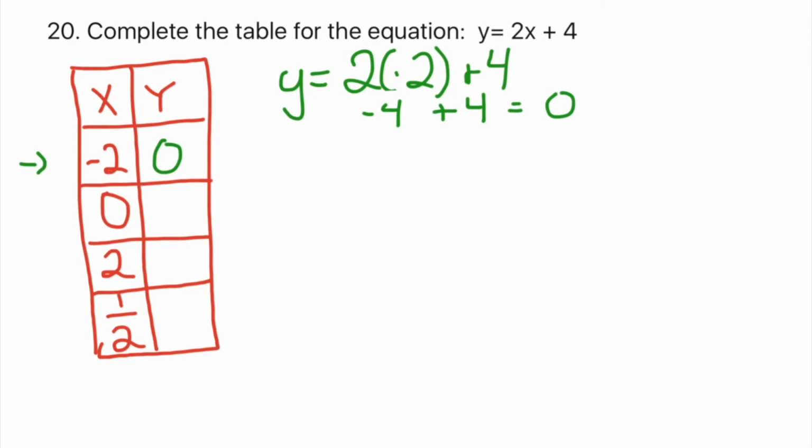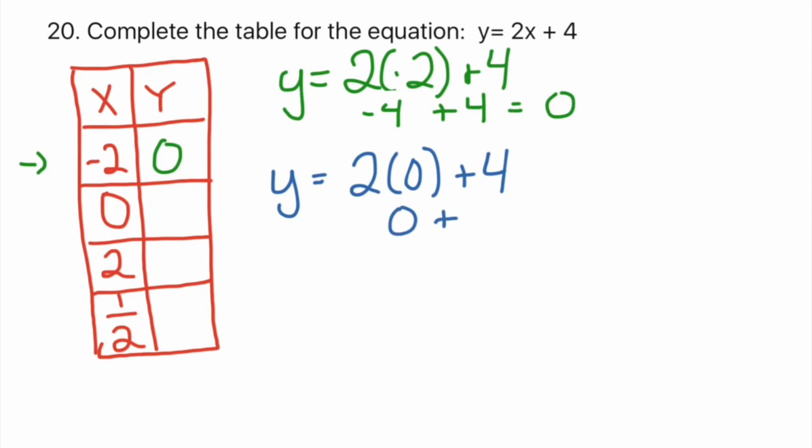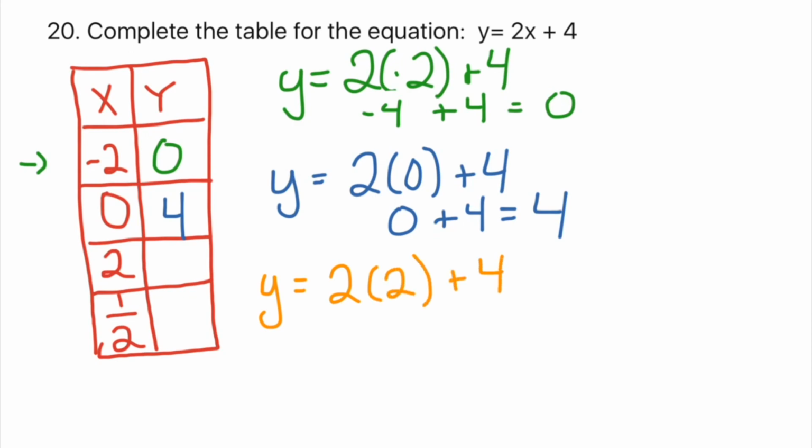Our next one, we have y equals 2 times 0 plus 4. So that's 0 plus 4, which is 4. And then third, y equals 2 times 2 plus 4.